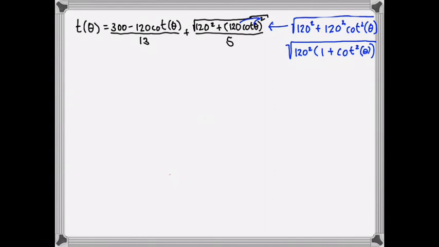And so now we have, I believe, an identity here with the cotangent squared of theta. So let's look at an identity that's going to help us out with that. And remember, if you forget the identity, we have sine squared plus cosine squared equals 1. And you think about cotangent, you want cotangent to be cosine over sine.